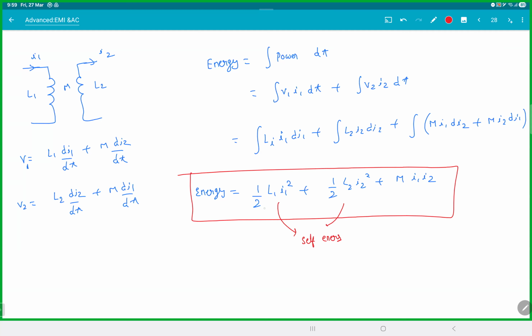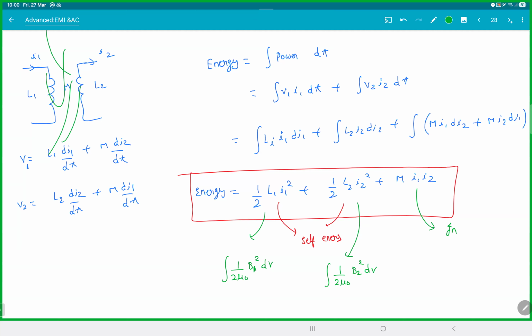So you know what this is? This guy is the integral of 1 by 2 mu naught B1 squared dV. This is the magnetic field energy stored because of one inductor. What is this guy? 1 by 2 mu naught B2 squared dV. What is M I1 I2? This is the interaction energy. Some of the field lines which are going into the space, that is also energy.